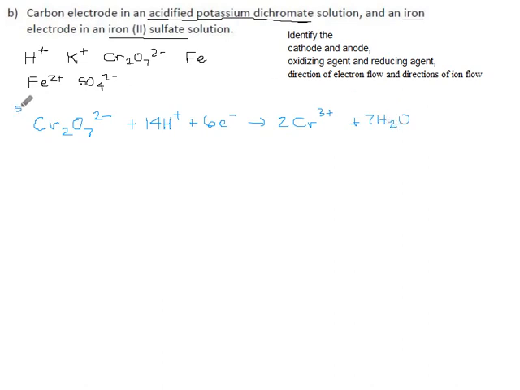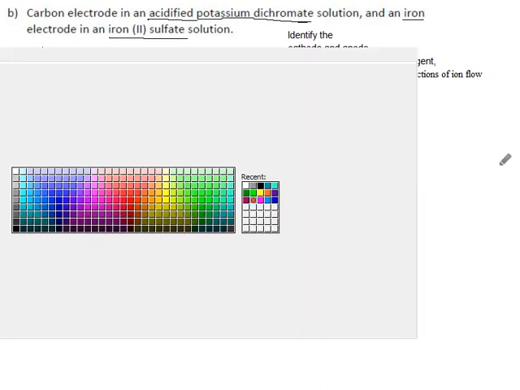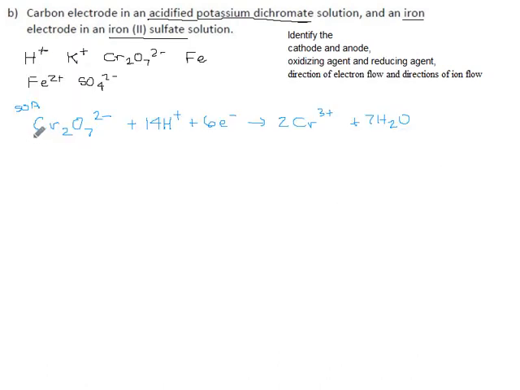That is our strongest oxidizer. On the other side, our strongest reducer is just iron metal, this, which will convert to iron 2 by giving up 2 electrons.